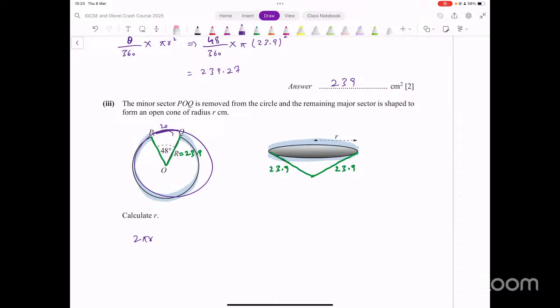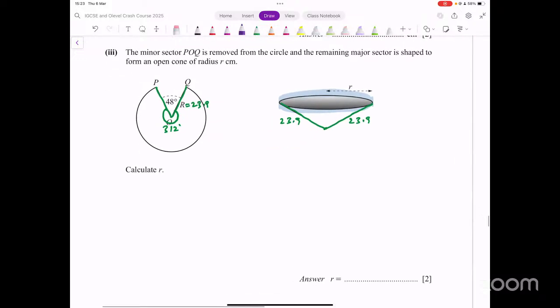That's one idea. The other idea is that you could find this angle. If that angle is 48 degrees, what is the remaining angle going to be? This angle would be 312 degrees, 360 minus 48. What does that give you? The major arc PQ is equal to 312 divided by 360 times 2 pi r.